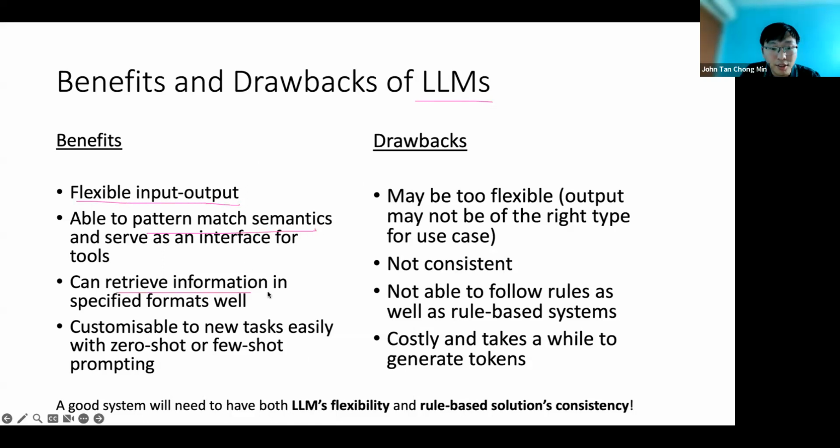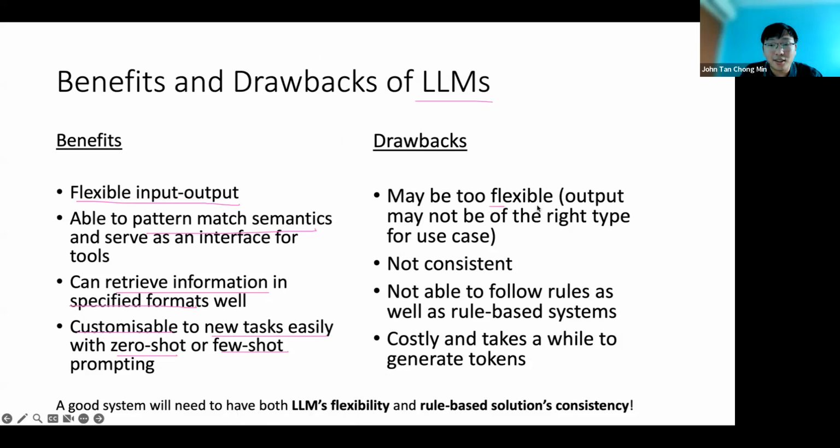You're able to retrieve information in specified formats well, like in JSON. And you are able to customize your large language model to new tasks easily by doing zero-shot and few-shot prompting. So with large language models, you can do all this. But what are the drawbacks?